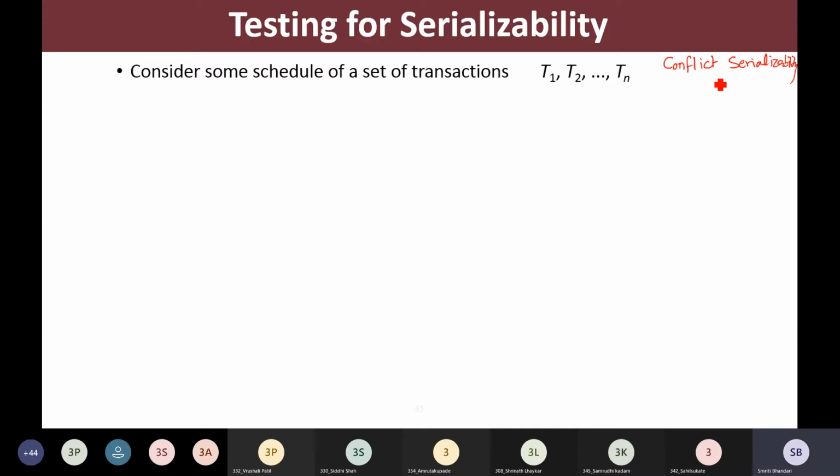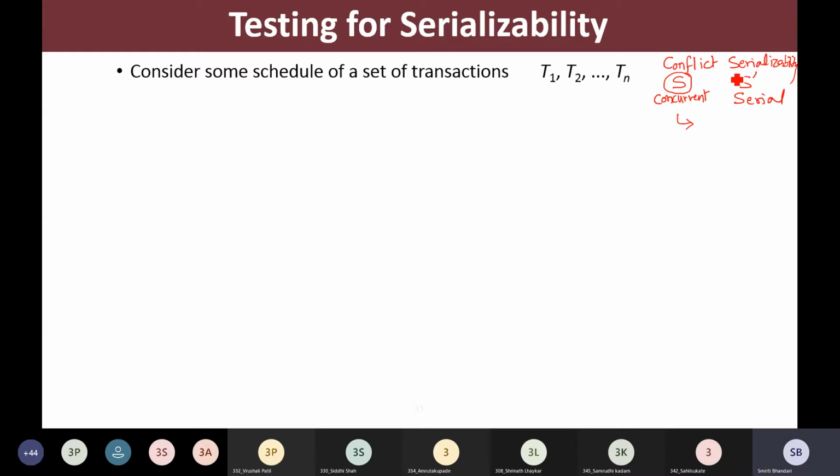What we mean by conflict serializability is this: if I have a schedule S, which is concurrent, and by swapping the non-conflicting consecutive instructions it is possible to come up with a new schedule S dash, which is a serial schedule, then we say that this original schedule S, which is concurrent, is conflict serializable.